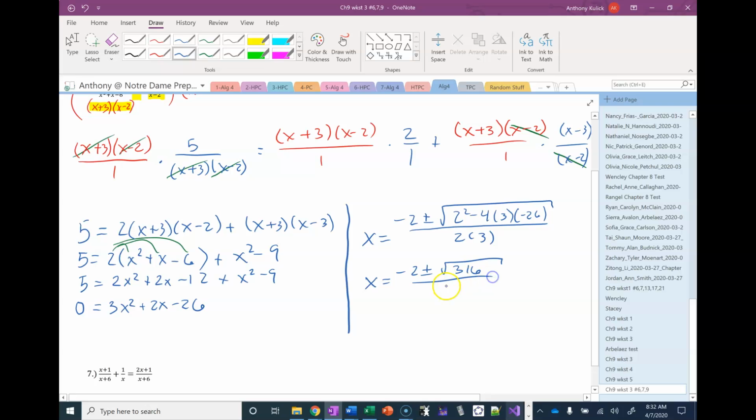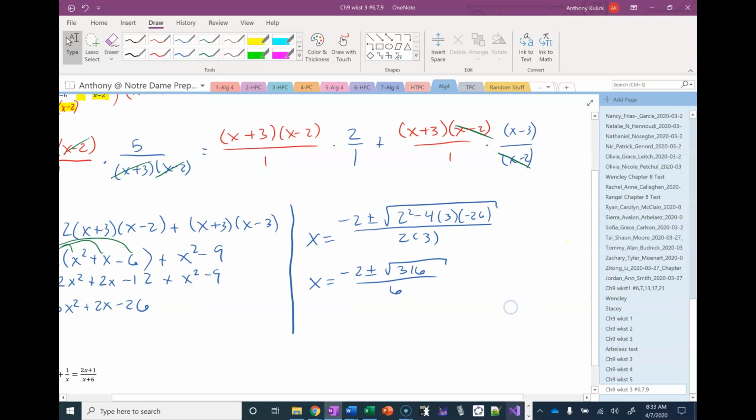316, I think, or 6. And now this is probably what you got, and you were confused as to how I got to my answer. Well, the way I got to my answer is I was able to reduce that radical, 316. I noticed that 316 is the same thing as 4 times 79.